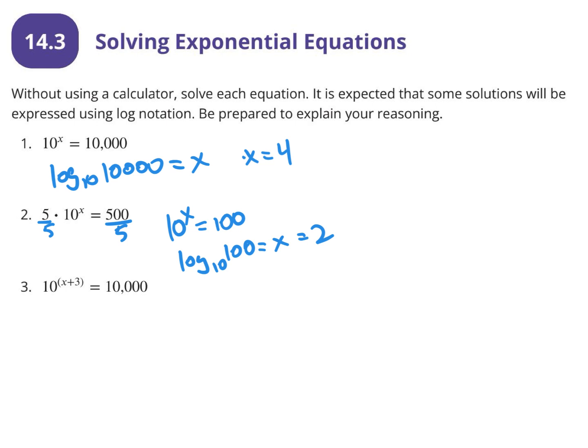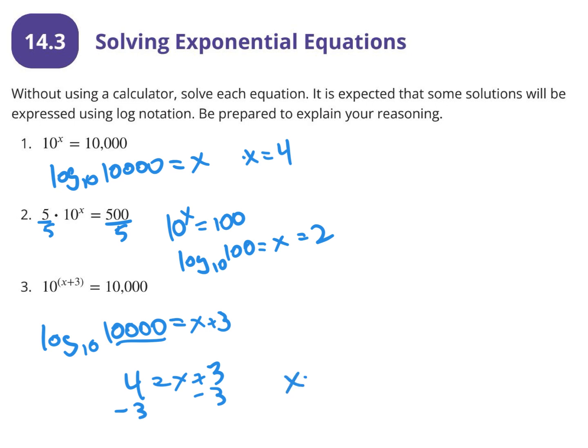Now for this one, log base 10 of 10,000 equals x plus 3. There are 4 zeros here. So this is 4 equals x plus 3. Subtract 3, subtract 3. x equals 1.